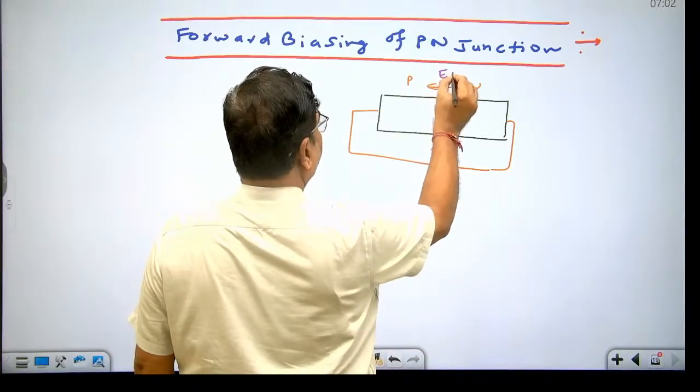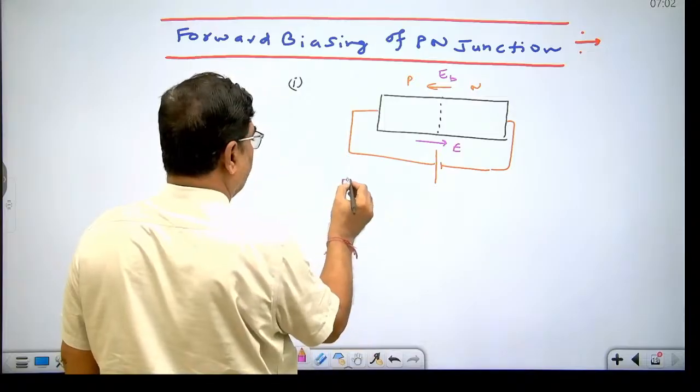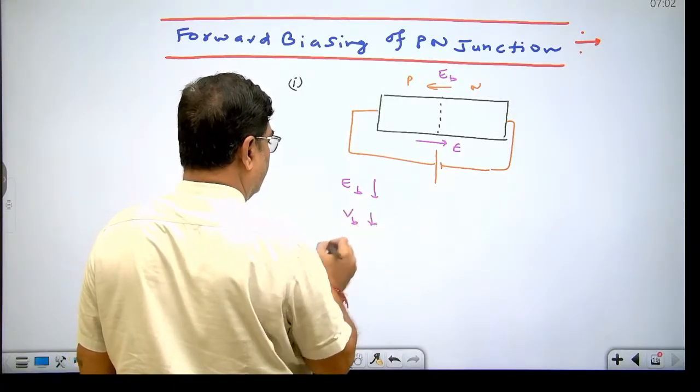This is the barrier electric field and this is the external electric field. So the barrier electric field at the junction decreases, and the barrier potential decreases.